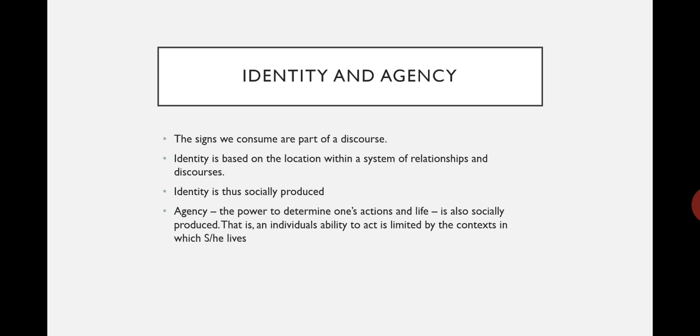That is, an individual's ability to act is limited by the context in which she or he lives. Your power to decide is determined by society. Your agency is determined by the context in which you live. Identity is based on a location within a system of relationships and discourses.